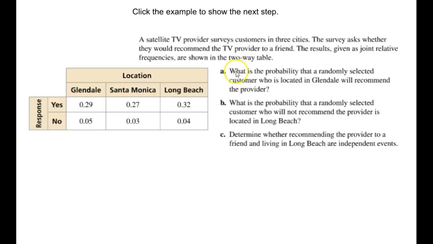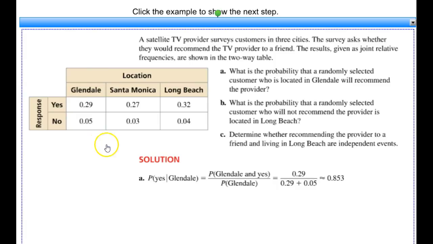So I want to find the probability that a randomly selected customer who's located in Glendale will recommend the provider. So I want to find the probability that they say yes and they're in Glendale. So I find the probability of Glendale and yes, so they've said yes and they're in Glendale, divided by the probability that they live in Glendale. So I can just add these two things together to find that total that would go down here.